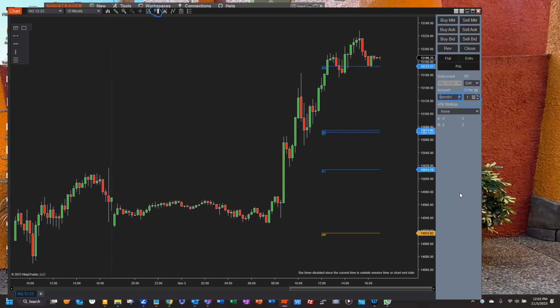That's good if you don't have a lot of money to put into your account. I'd say if you have less than $10,000 in your account, you probably need to be in the micros. You could do it at $5,000, but definitely not less than that.